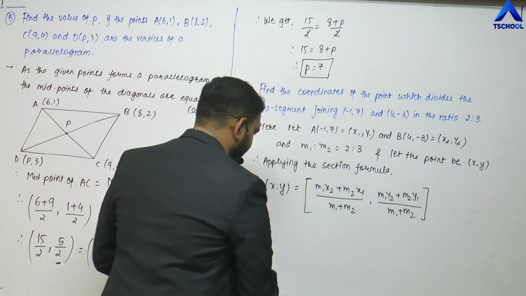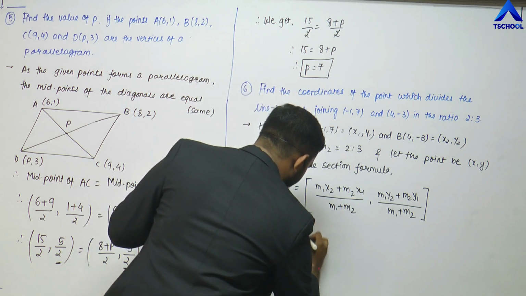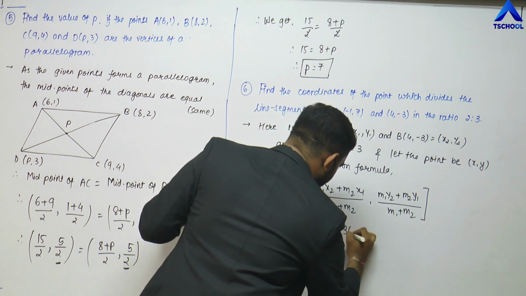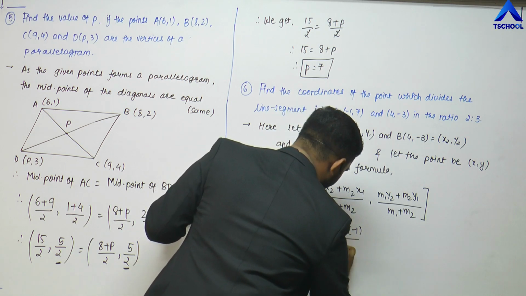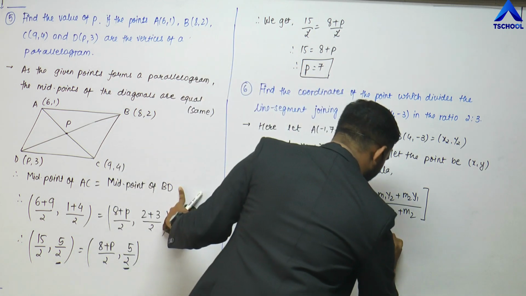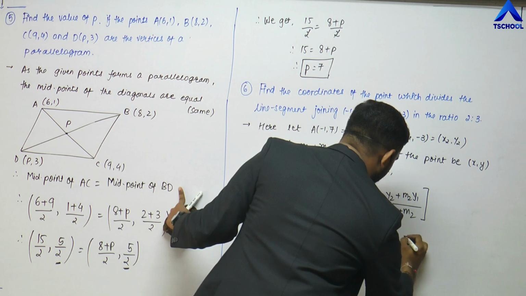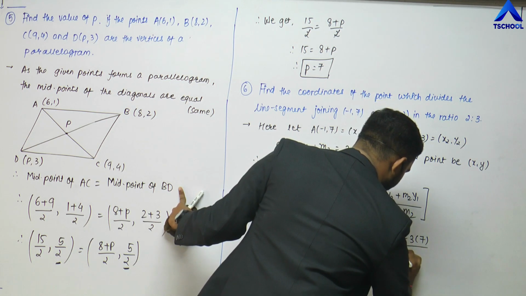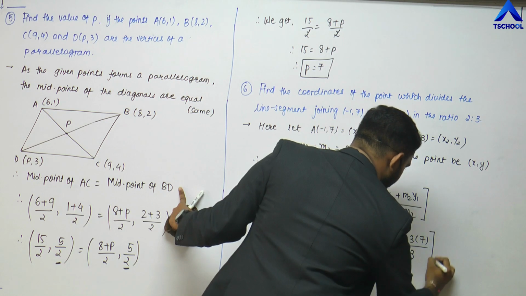In place of m1 and m2 we put the values 2 and 3: (2 into 4 plus 3 into -1) upon (2 plus 3), comma, (2 into -3 plus 3 into 7) upon (2 plus 3).